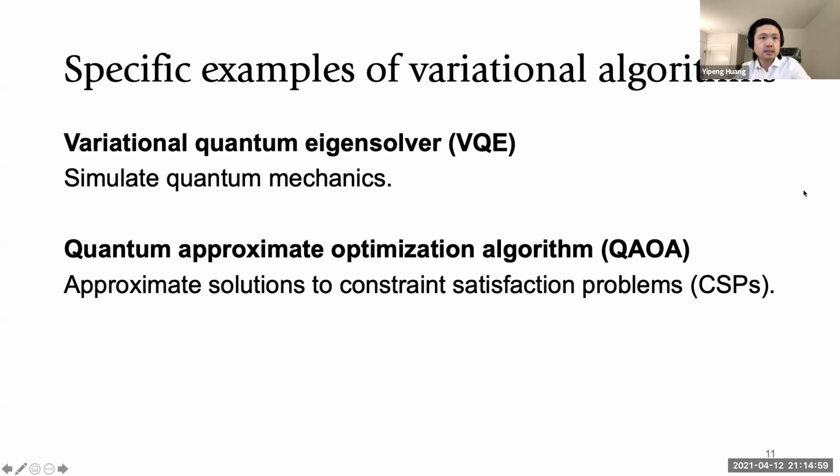This has uses in simulating quantum mechanical systems, using a quantum computer to simulate quantum systems. And another class of such algorithms are what are called QAOA, quantum approximate optimization algorithms. And these can solve problems such as maxsat and maxcut.